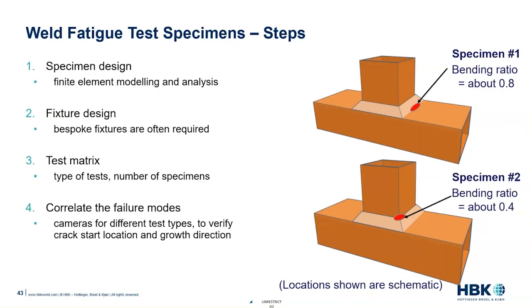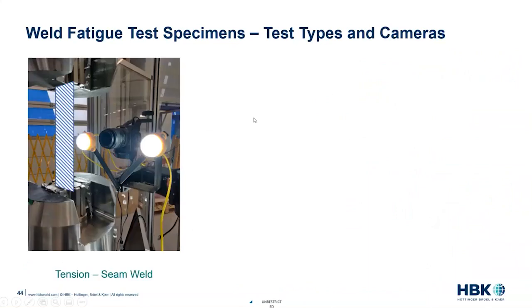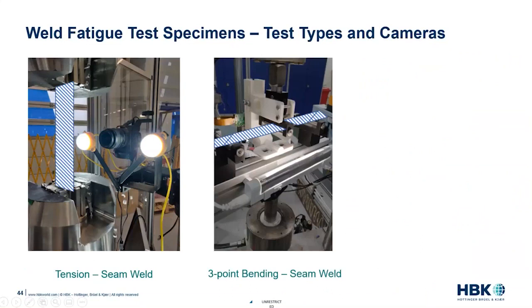So we use cameras and a number of different camera setups to identify and verify that. Then the failure criteria is a visible crack or a percentage stiffness drop. We've talked a little bit about test types and cameras, just to give you a little bit of a view on some of these.